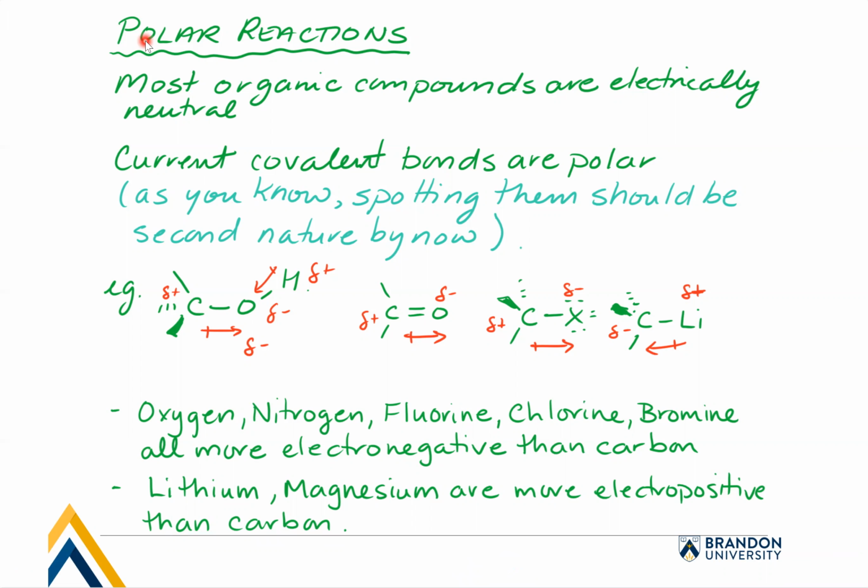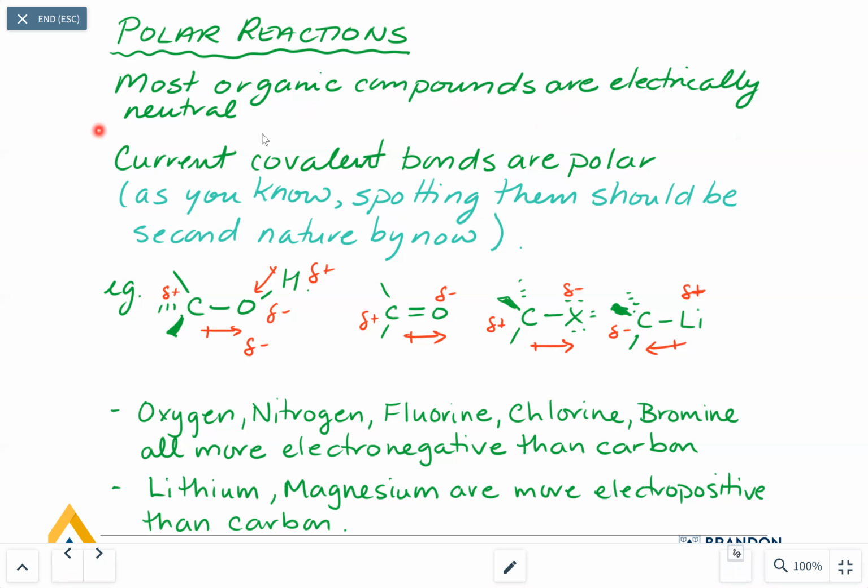Okay, so this is where we're going to link back to what we did at the very start of the term with regard to electronegativity and polar covalent bonds. So most of the organic compounds that we're dealing with are going to be neutral.